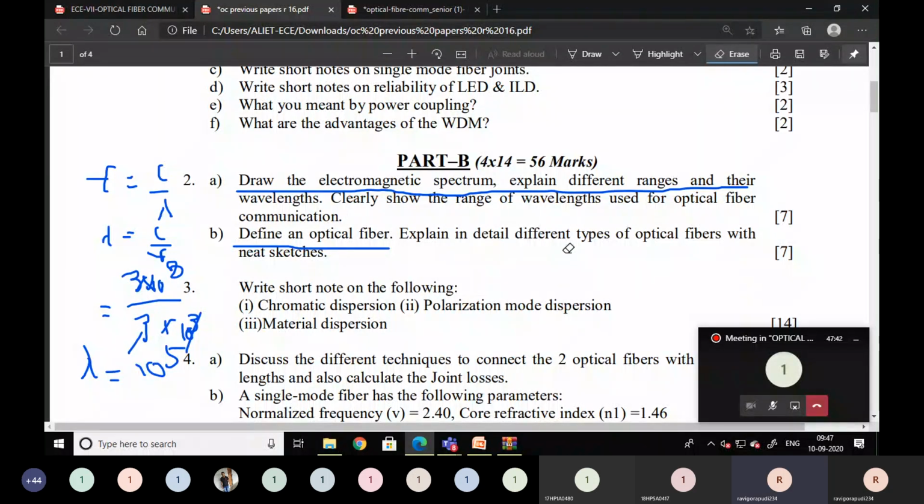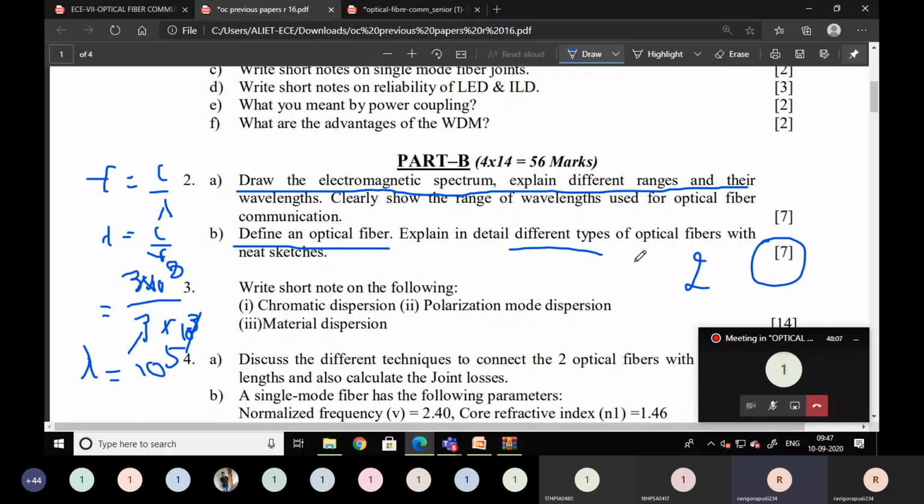Then explain in detail different types of optical fibers with neat sketches. I already told you, by knowing the syllabus, you can write the types of fibers. Out of 7 marks, you may get 2 marks for the types' names.